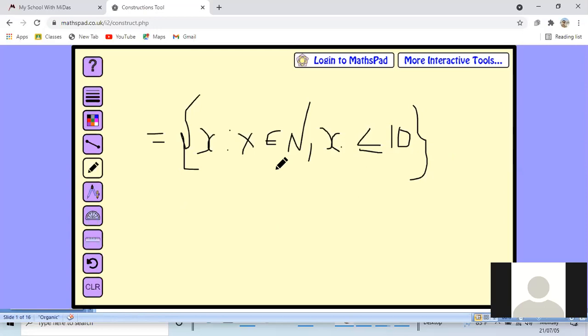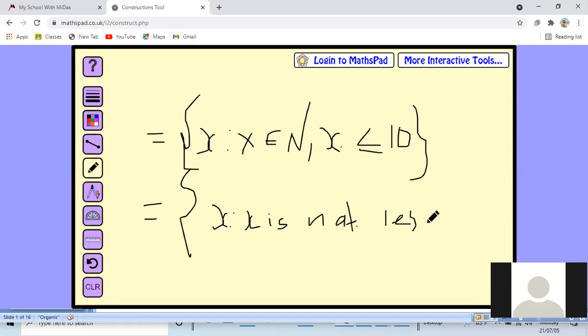We can write this in words also. Look here, like this: x such that x is a natural number less than or equal to 10.